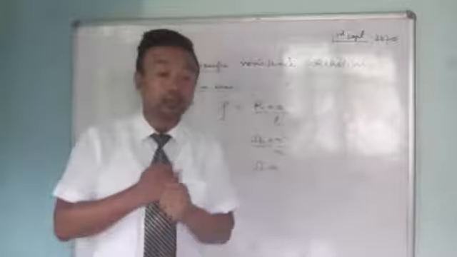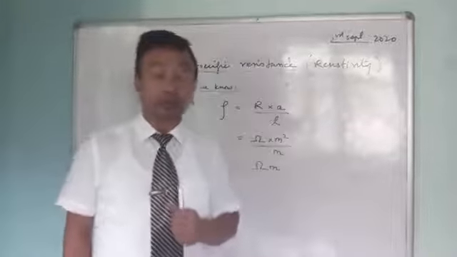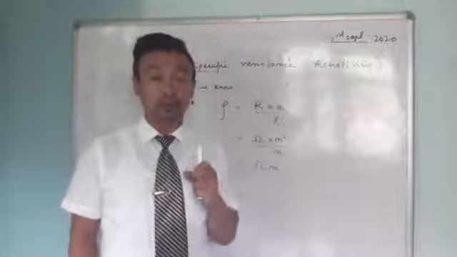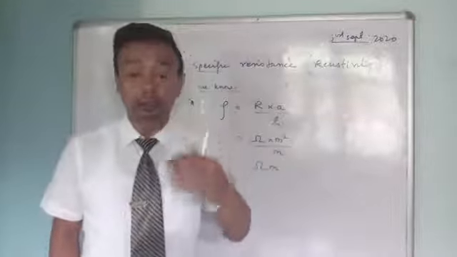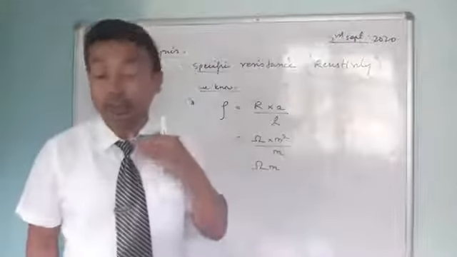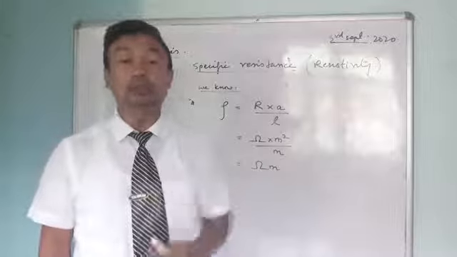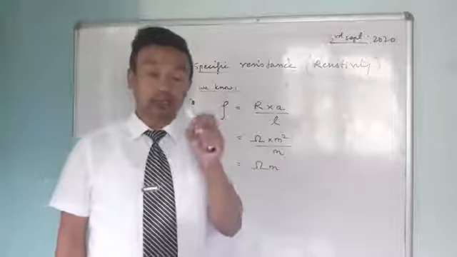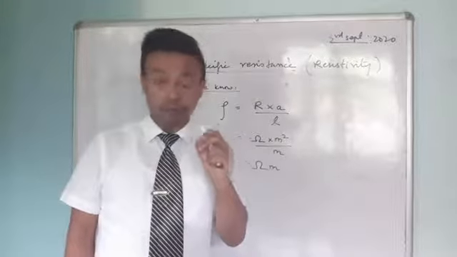For metals, specific resistance increases with the increase in temperature, but for semiconductors, the specific resistance decreases with the increase in temperature. So these are some of the key points.